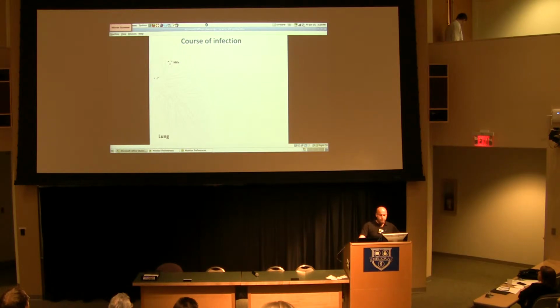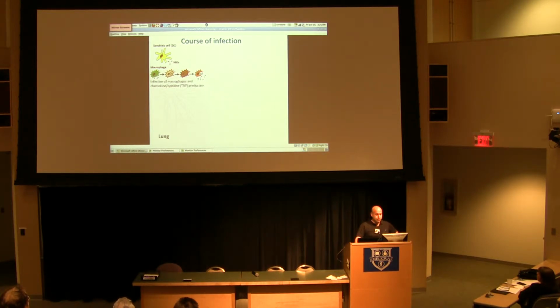Rob gave some ideas on trafficking of cells from the site of infection to the lymph node and back. This is the same thing for TB. It's a part of the adaptive immunity mechanism. So you get an infection in the lung, and you have dendritic cells and macrophages as well as neutrophils being recruited to the site. Macrophages become infected and are more permissive, if you like, than dendritic cells.